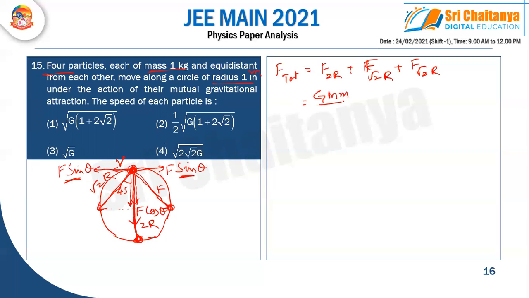So GMM by distance square will be 2r whole square plus GMM by root 2r whole square, and I'll be considering cos 45 here plus GMM, another similar term I'm going to write, root 2r whole square cos 45.